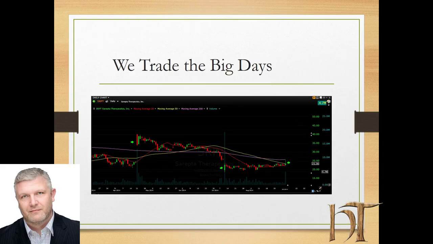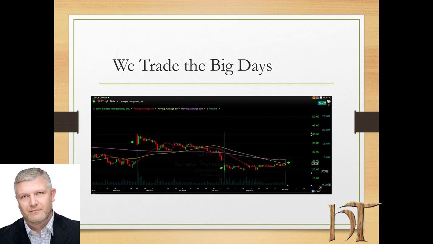Here's a good chart of Sarepta. These are the days that we've traded Sarepta. I'm familiar with this stock because I've traded it several times in the past. And you see the green arrow. We traded it on the day it had breaking news.